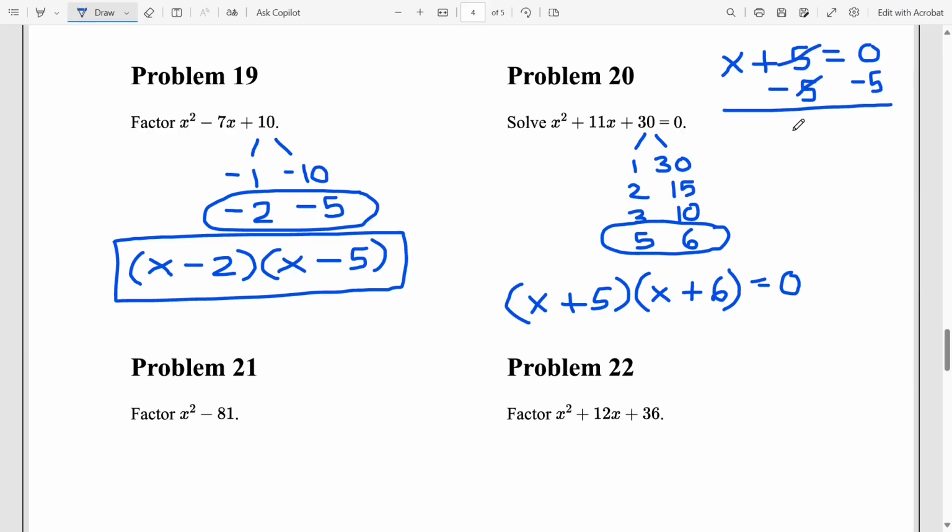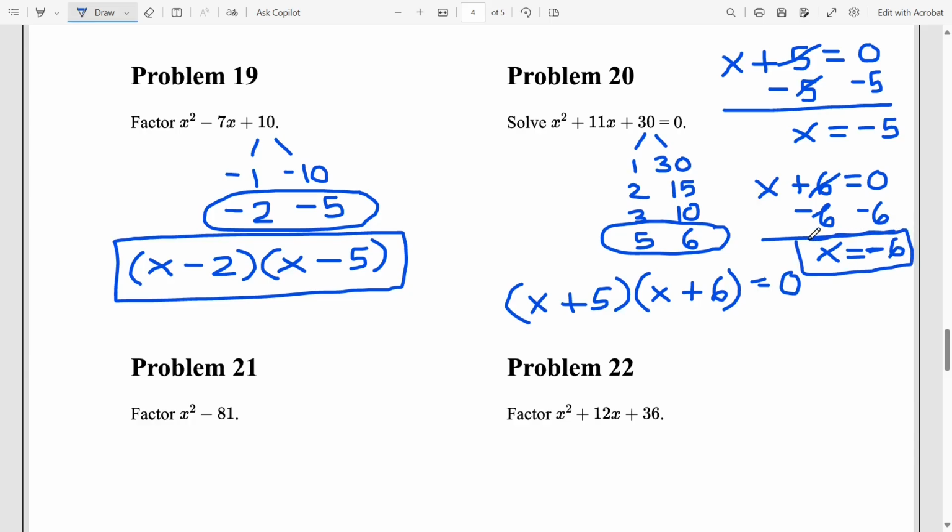We can cross those off, and we get x equals negative 5 as one of our solutions. I'm also going to set x plus 6 equal to 0, and I'm going to subtract 6 from both sides. 6 minus 6 is 0. So we get just x equals 0 minus 6, or x equals negative 6. So our two solutions here are x equals negative 6 and x equals negative 5.